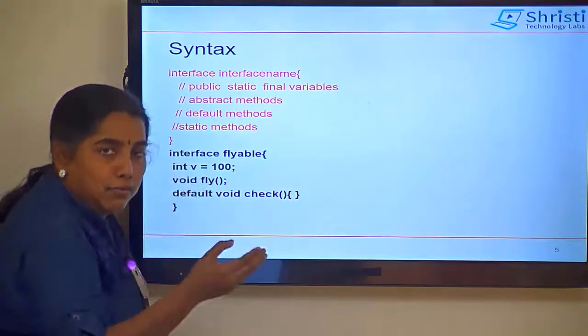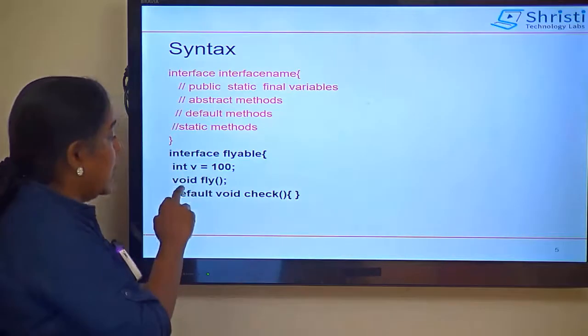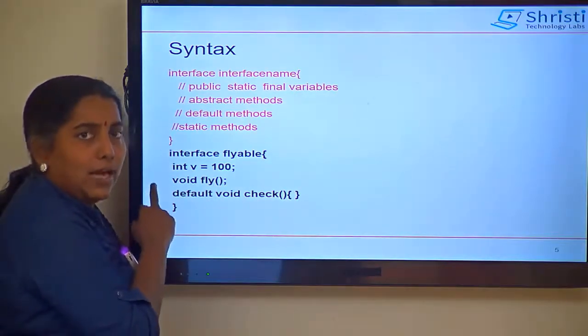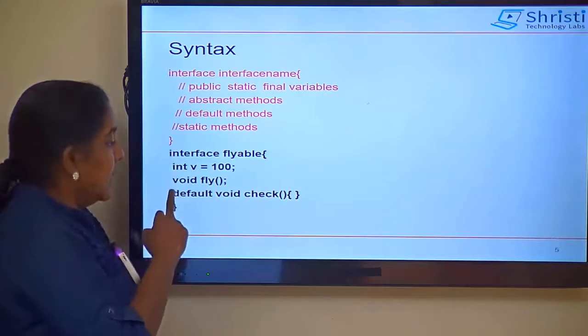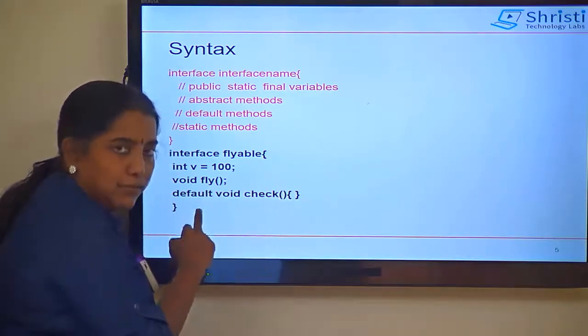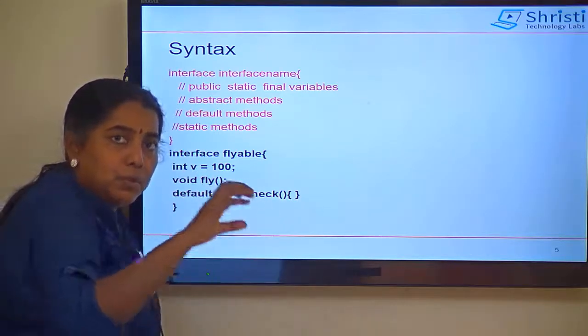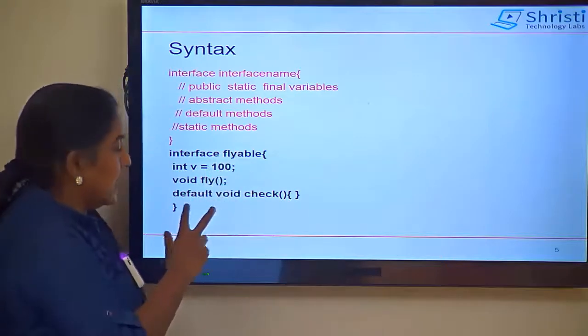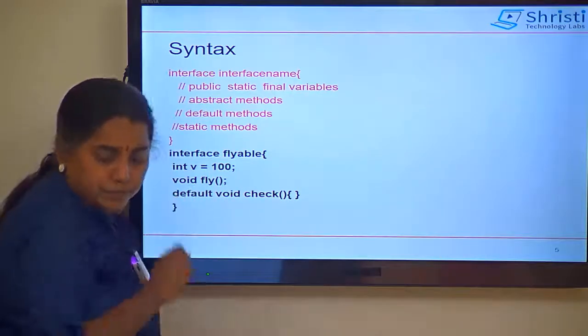They are by default implicitly shown. And void fly, what type of method it is? It is abstract method. I don't have to use the abstract keyword. Default void check, what type of method it is? It is a default method which can be used by all the implementing classes of this particular interface. The keyword is default over here.